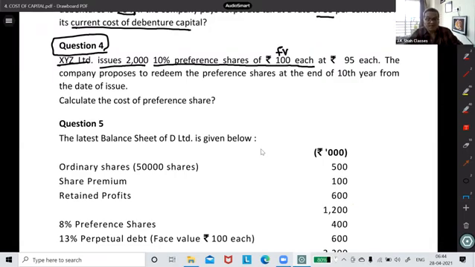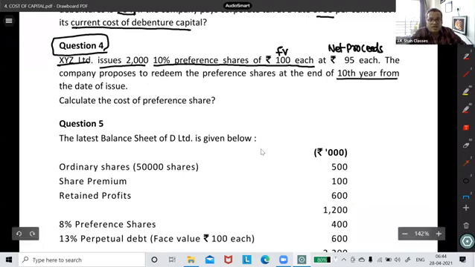So 95 is the issue price, what we call the net proceeds. The company proposes to redeem the preference shares at the end of 10th year from the date of issue. Guys, the company proposes to redeem at the end of 10th year.